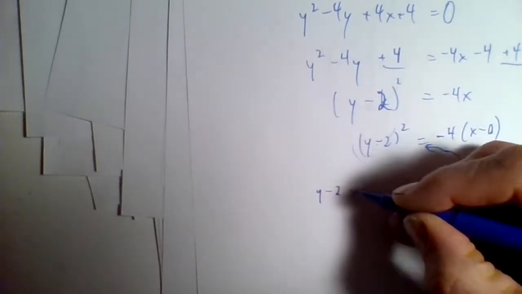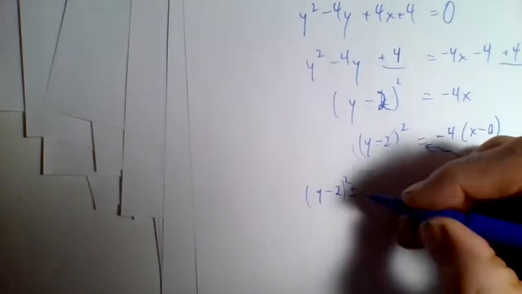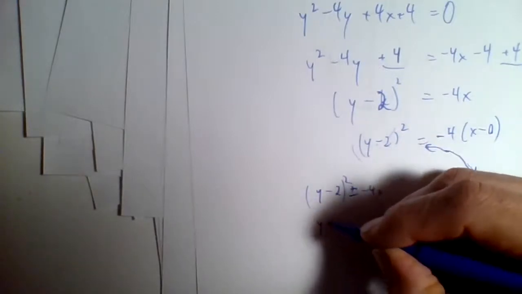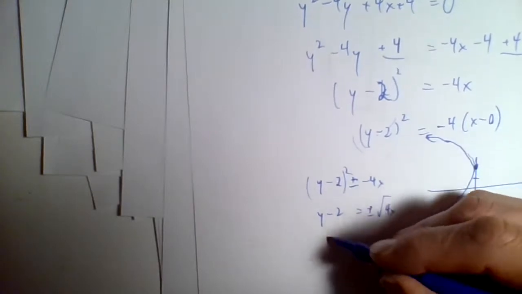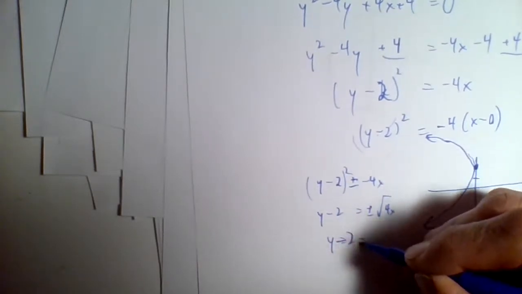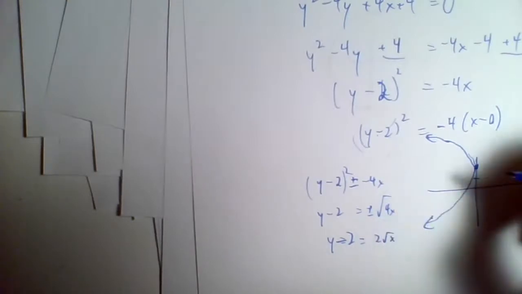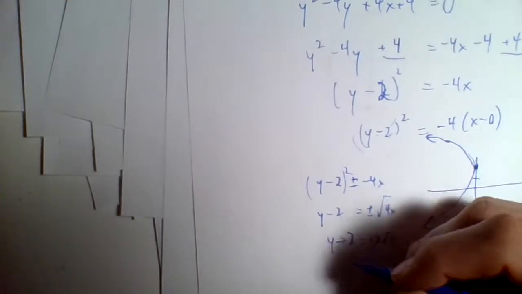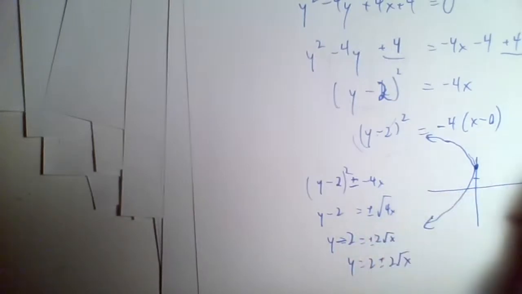y minus 2, squared, equals -4x. So y minus 2 is plus or minus the square root of 4x. Square root of x if you want to simplify it down. So y is 2 plus or minus 2 square root of x.